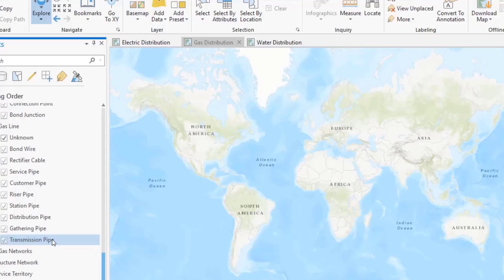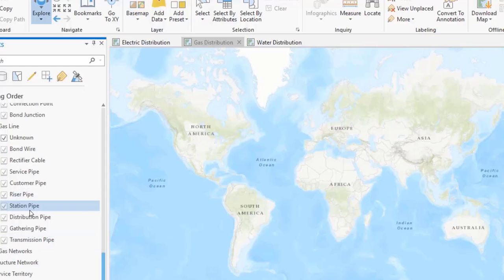We have the pipe types. So it looks like this is an interesting network. It's not just based upon pressure, which, for the electric equivalency, would be based upon voltage. It looks like it's got some additional properties. So that means that this is probably a hierarchical network, where the tiers can represent different things.